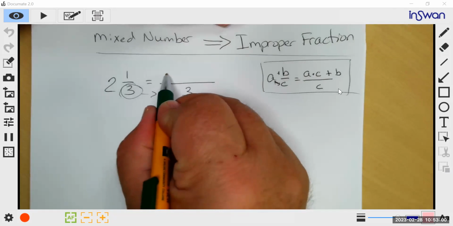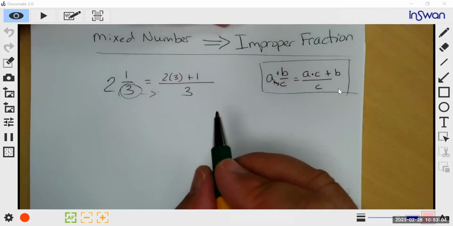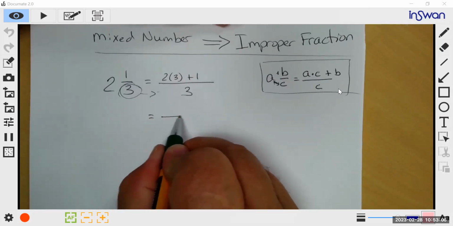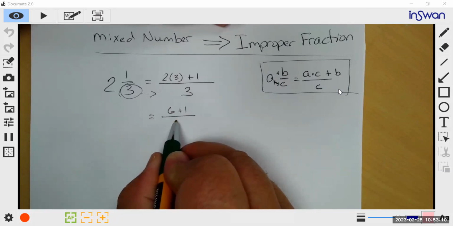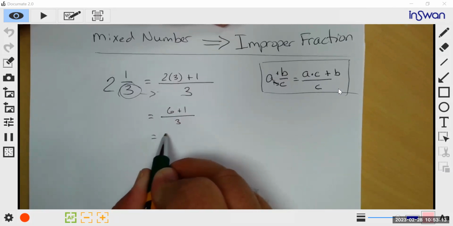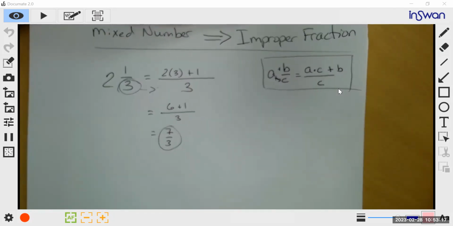So it's 2 times 3 plus 1. 2 times 3 is 6. Plus 1 is 7 over 3. And there's your improper fraction.